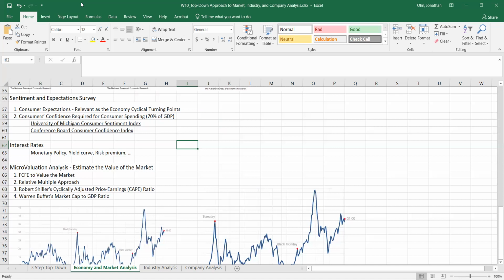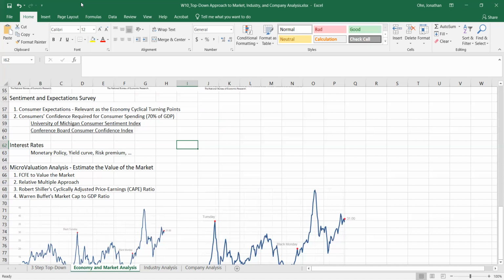There are a couple of major data sets on consumers' sentiment, expectation, or confidence. Two important ones are the University of Michigan Consumer Sentiment Index, and not just that one, they do all different kinds of surveys on what consumers expect, or what the sentiment is, about the future economy, future interest rates, future inflation, right?